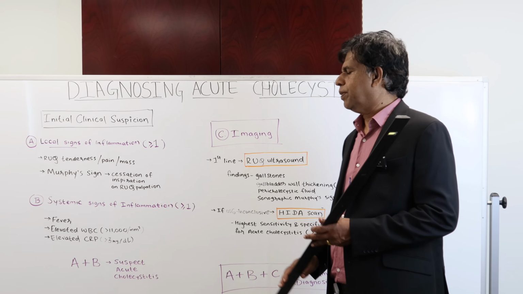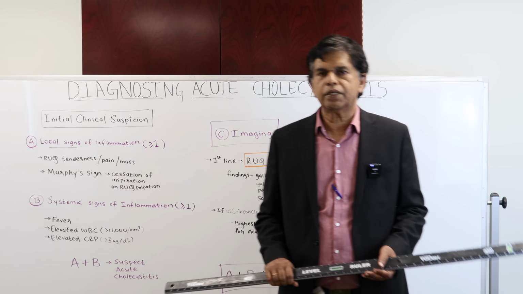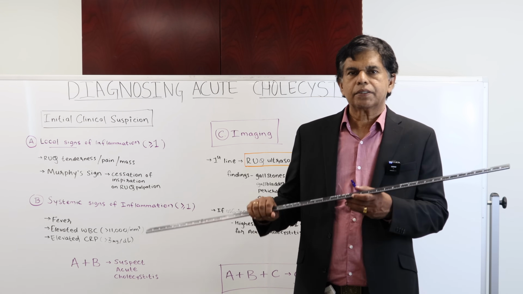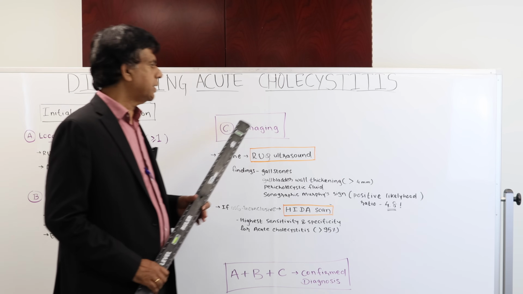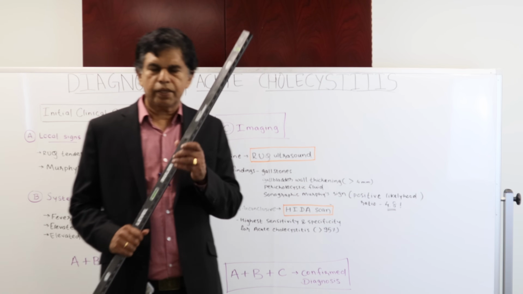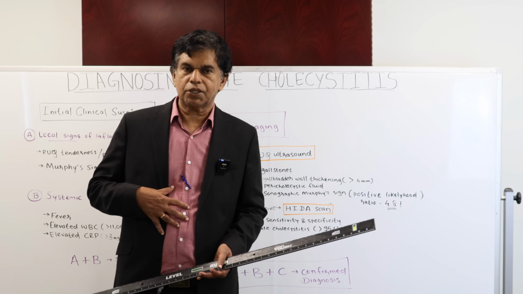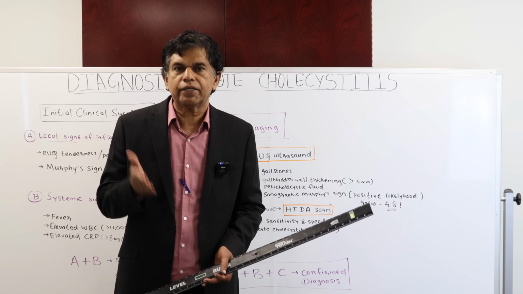So once you suspect it, then we have to go for the best test available. We need to find out what's the first thing we have to do. So a lot of people, I think everybody, get confused when it comes to the imaging. The number one test you do is right upper abdominal ultrasound. The sensitivity and specificity is much higher compared to the CT scan.